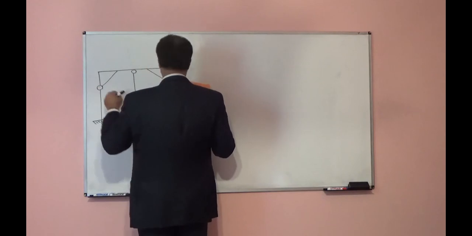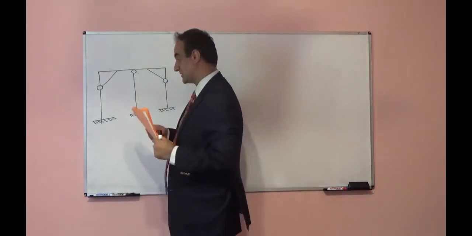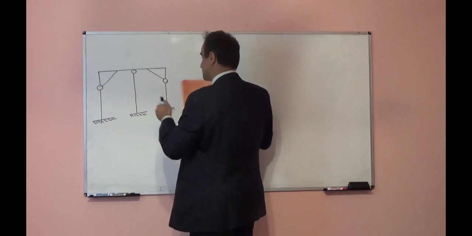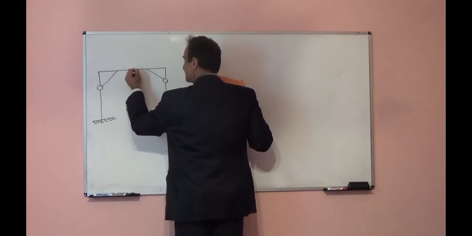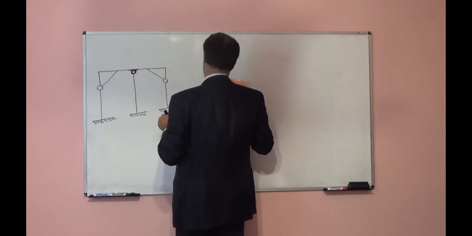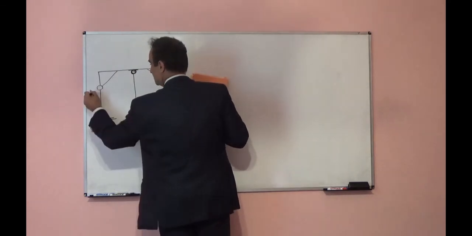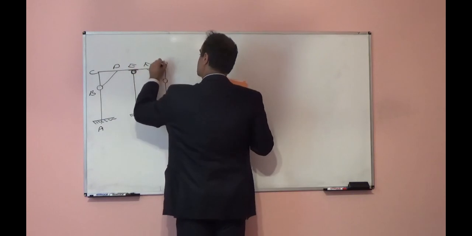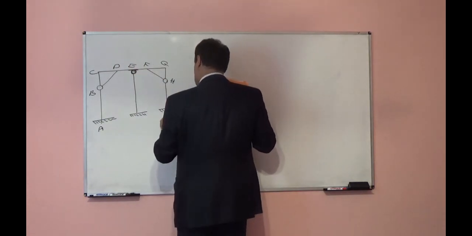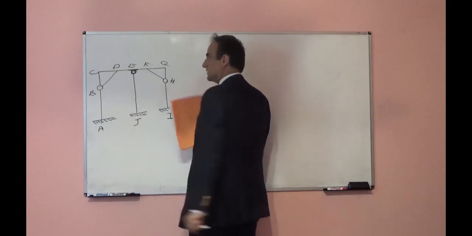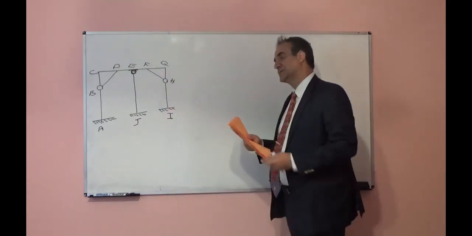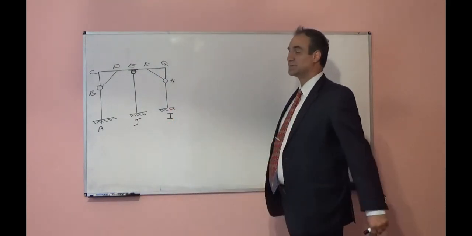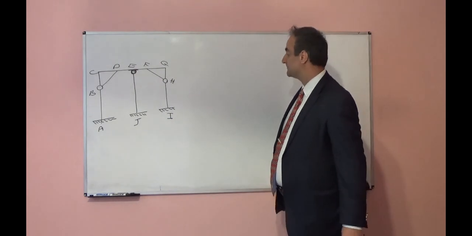You see it is a pure hinge, all members come to the hinge. Here it is continuous and the hinge comes to this member. You see the difference. A, B, C, D, E, F, G, H, I, J, for example. I want to see how many degrees this structure is indeterminate.